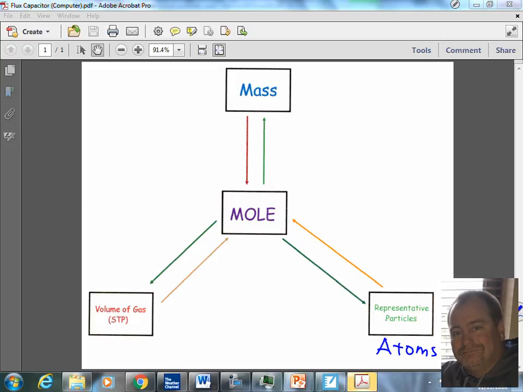So the very first thing I need to do is take my formula units and convert those to atoms of oxygen. Once I have converted to atoms of oxygen, can I follow to moles of oxygen? Absolutely. So this is a two-parter. The first thing you do is convert from formula units to atoms of oxygen. Once I have atoms of oxygen, I can go straight to moles of oxygen.